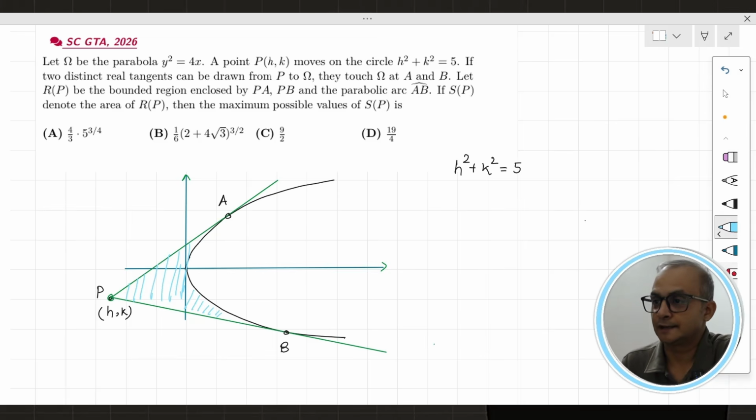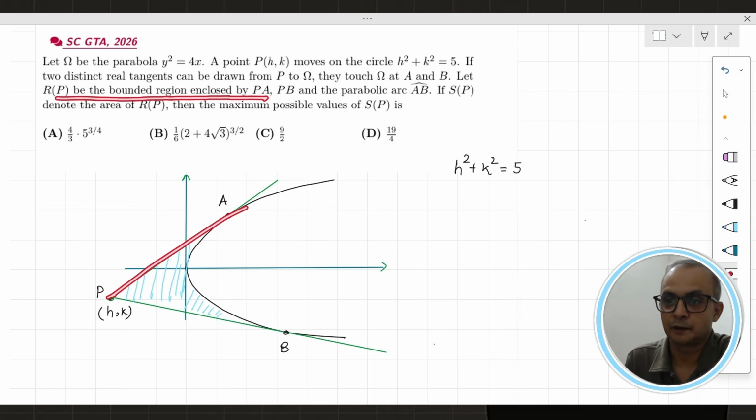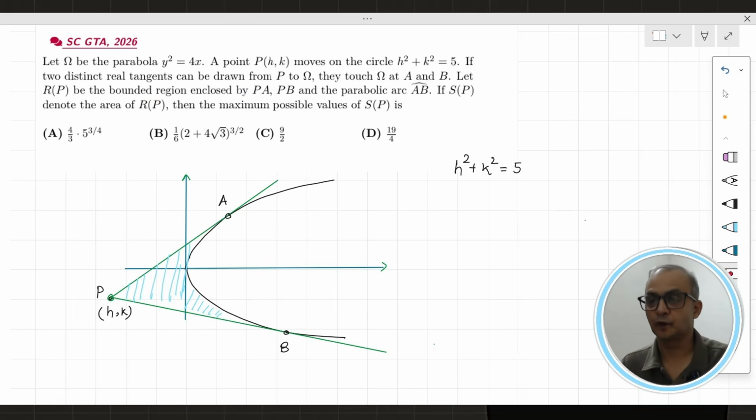The question is saying RP is the bounded region enclosed by PA, PB and the arc AB. So this is the area they are looking for. If SP is the maximum of that area, we have to find that possible value.